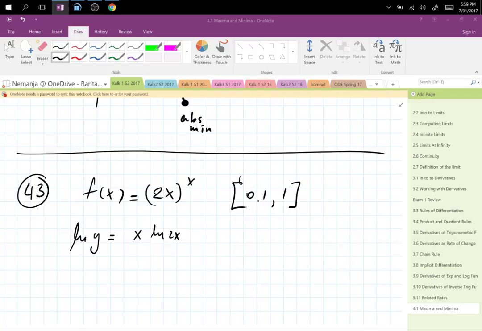So, you know, calculation by yourself, that's fine. Pictures. Yeah.